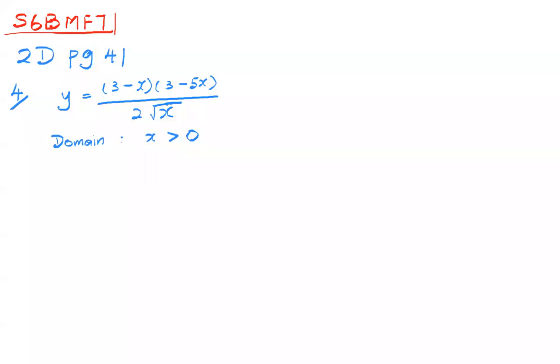Whatever is in the square root must be greater than 0. So therefore, the domain is x, x is a member of real numbers, and x must be greater than 0. So straight away, I know that for x less than or equal to 0, this function is undefined.